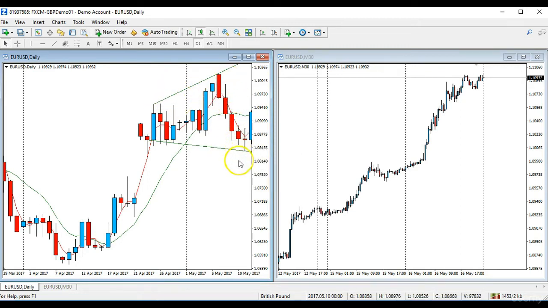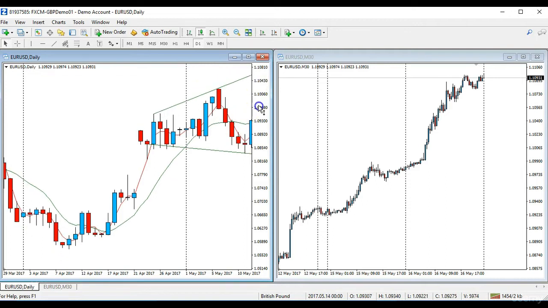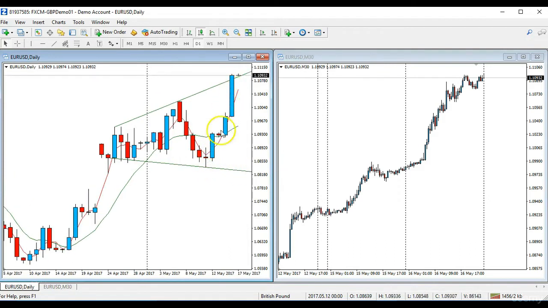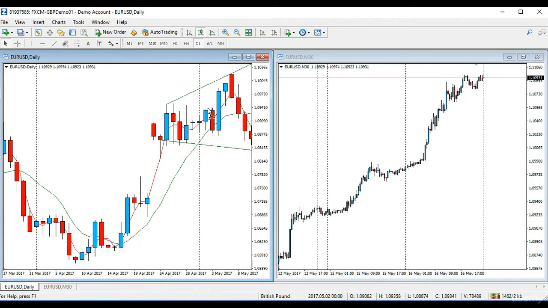So seeing as a megaphone channel has formed, we expect that price is going to bounce off this trend line and go in a certain direction, which is up. It's predictable.